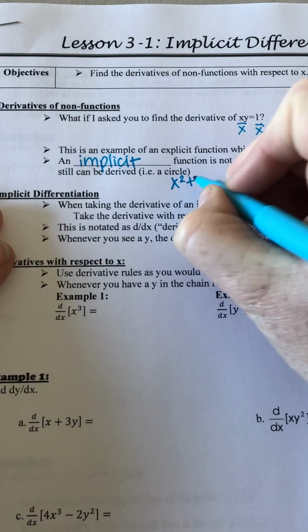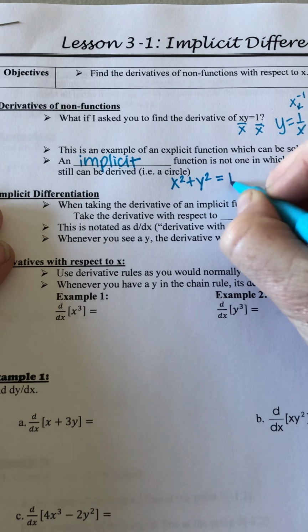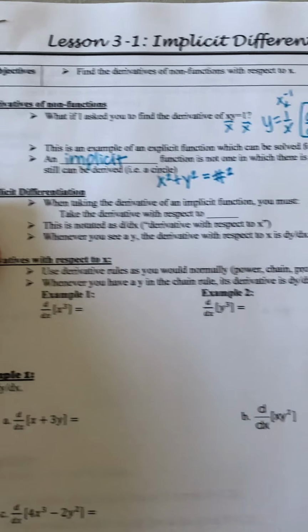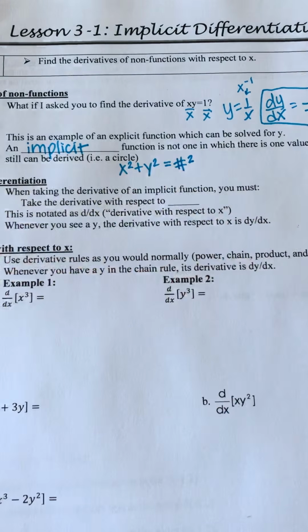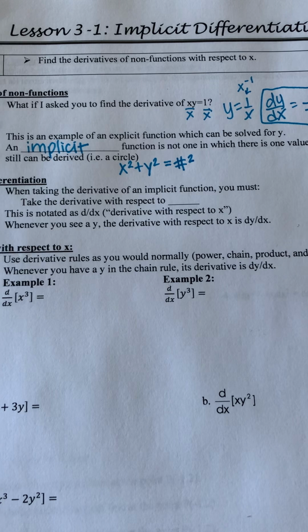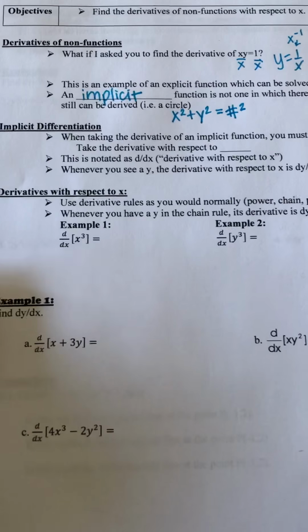Our circle standard equation here is x squared plus y squared equals whatever number squared, okay? Now we have an x and a y here, so we haven't really learned how to find that derivative without having to solve for y. Okay, so we're going to learn that today.